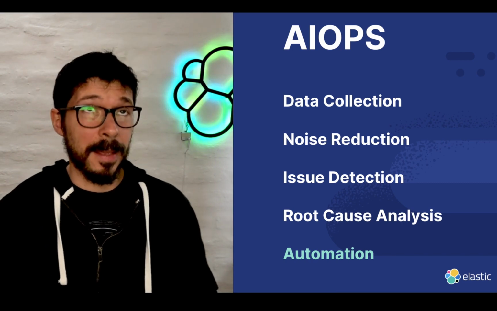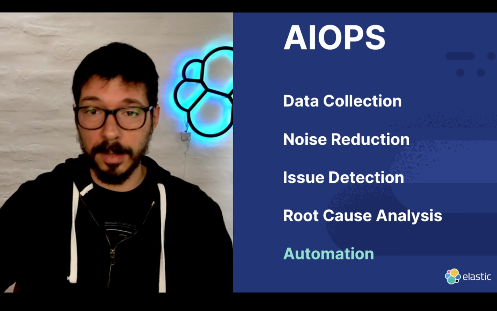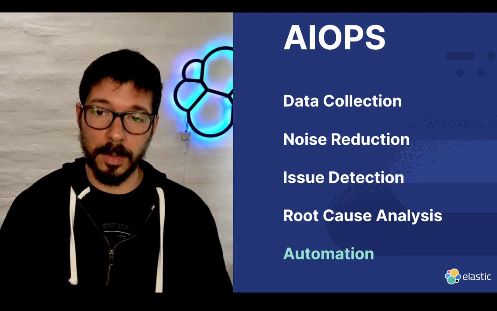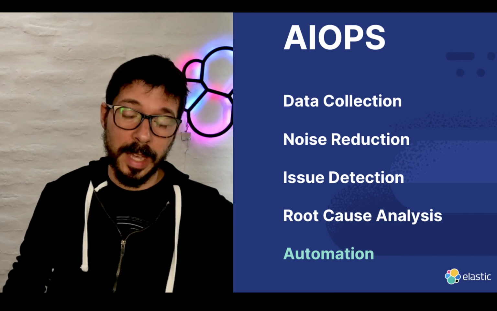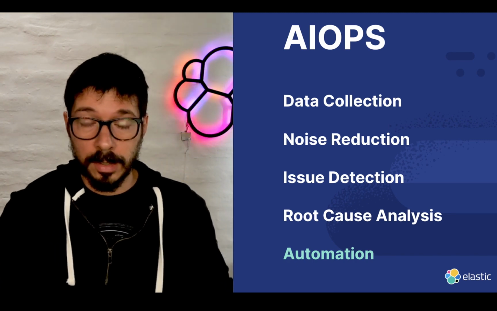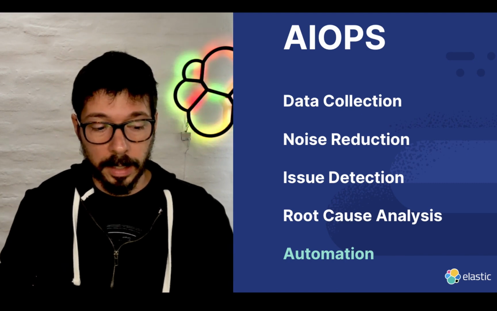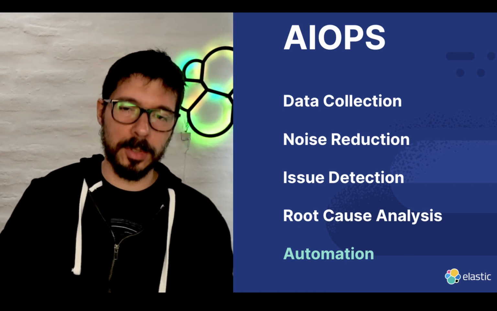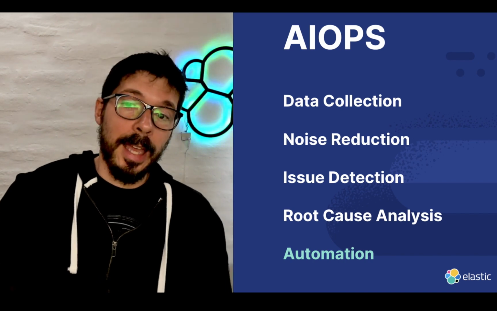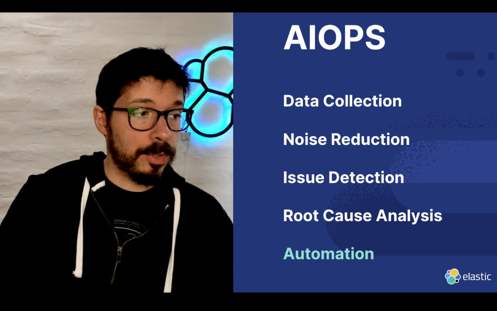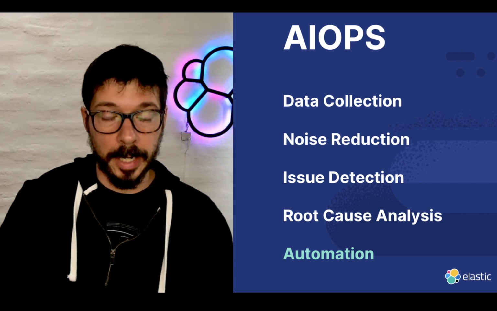We have detected memory issues in our stream of data that are coming from our OpenTelemetry demo and our Kubernetes cluster. We have identified a root cause for an issue with a specific product in that web store. That's the OpenTelemetry demo. And now I'm going to show you how to close the loop, right?